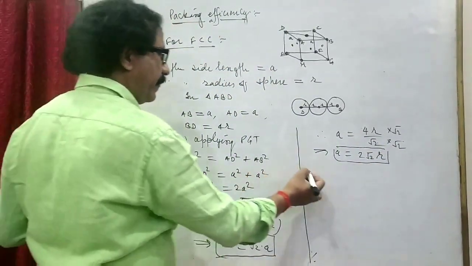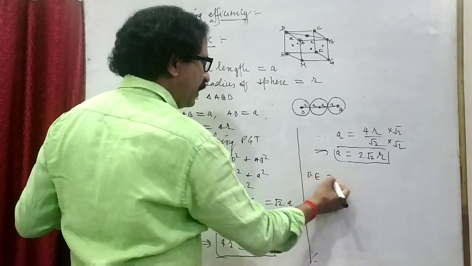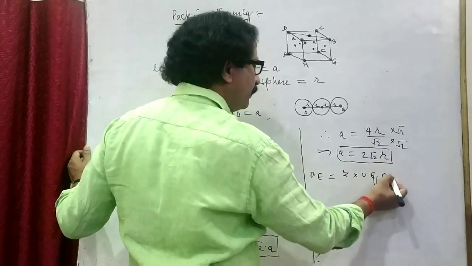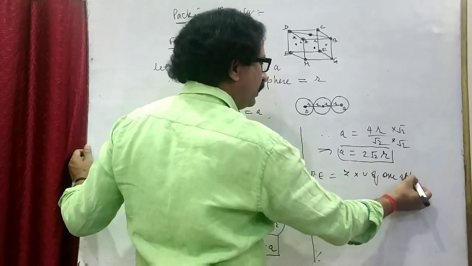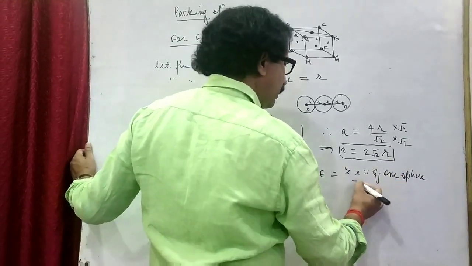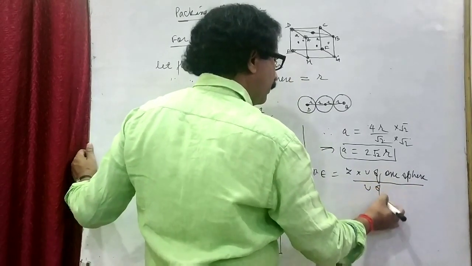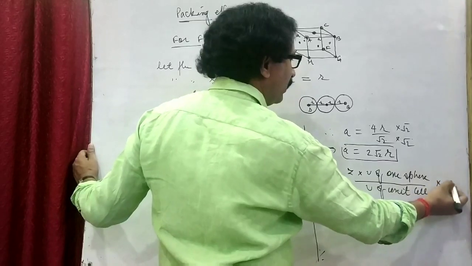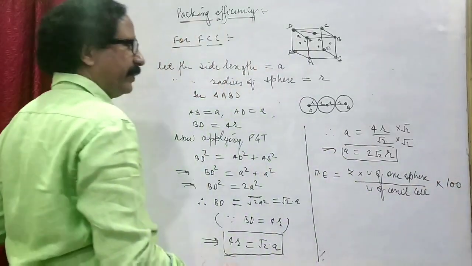Now apply the formula. Packing efficiency is equal to Z into volume of one sphere, whole upon volume of unit cell, into 100.